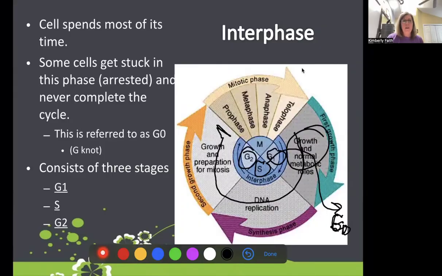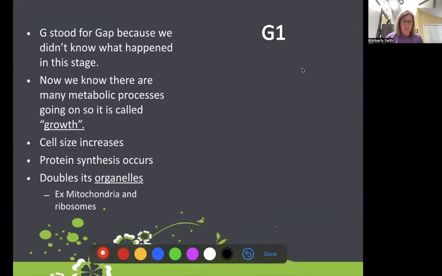We call that arrested, and it may never go through, it may never make a copy of itself. Again, that's referred to as G naught, which should be a superscript zero. Again, interphase consists of G1, S, and G2.